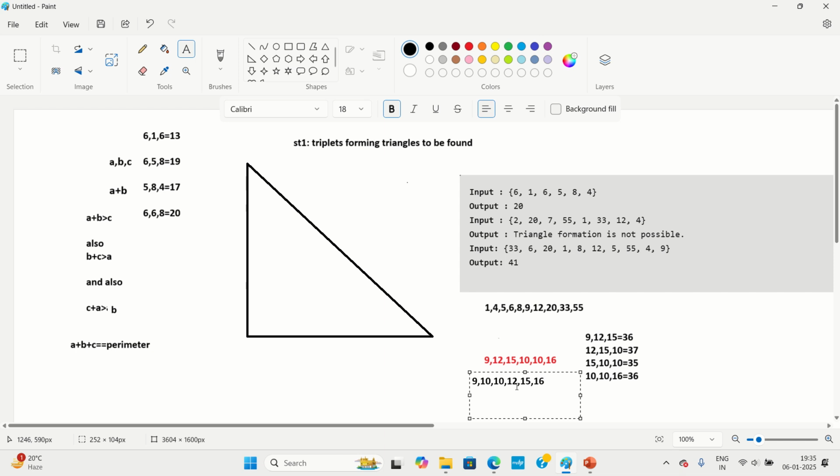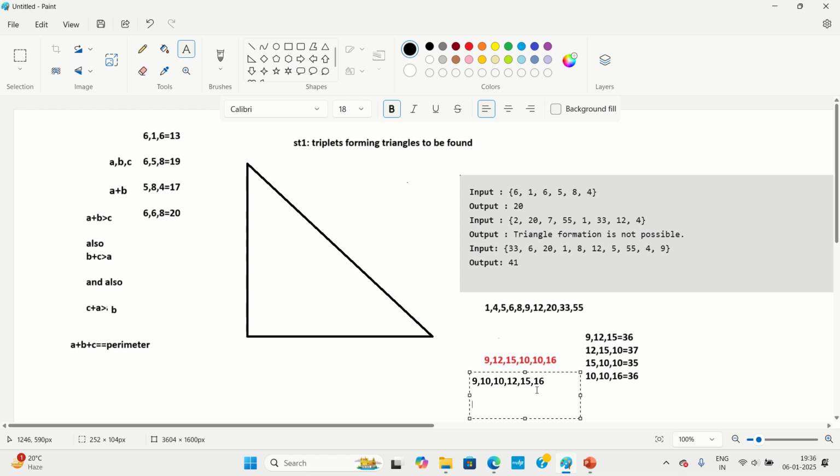So 16, 15, 12, is it forming a valid triangle? I think so, because 12 plus 16 is 28, 15 plus 16 is 31, and 15 plus 12 is 27. So 27 greater than 16, 31 greater than 12, and 28 greater than 15.